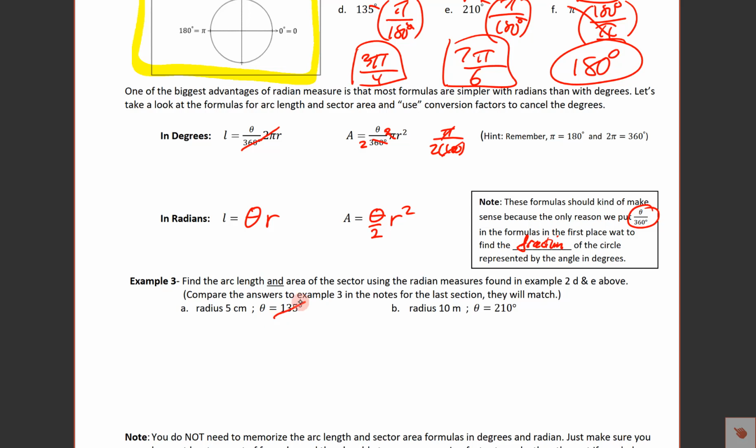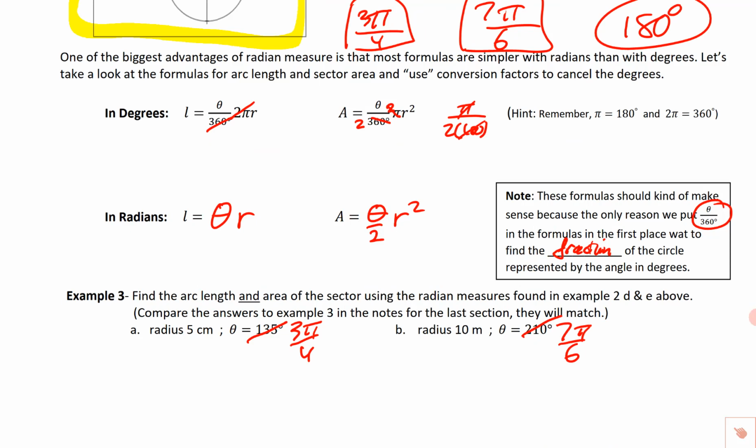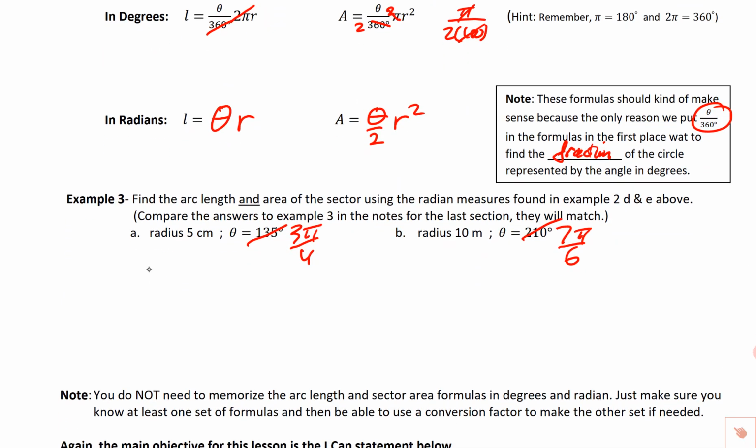So I'm going to cross this off and say 3 pi fourths. 210 degrees, we're going to do it in radians, so that's going to be 7 pi sixths. We good? Let me make this full size now. Come back here, and this is all we have to do.